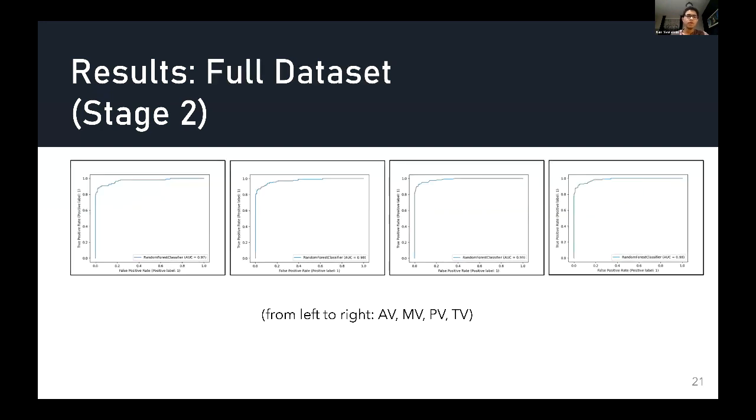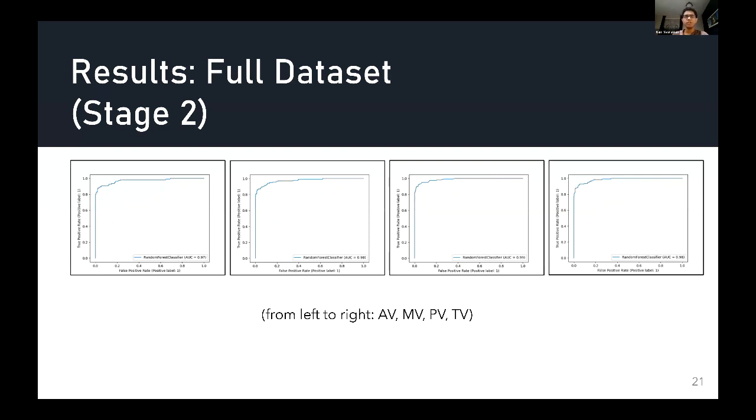But across the full data set, we notice that each model is able to have an area under the curve of around 97-98%. What this suggests is that the random forest classifier model is successfully able to generally predict when a specific valve of the heart has a murmur.